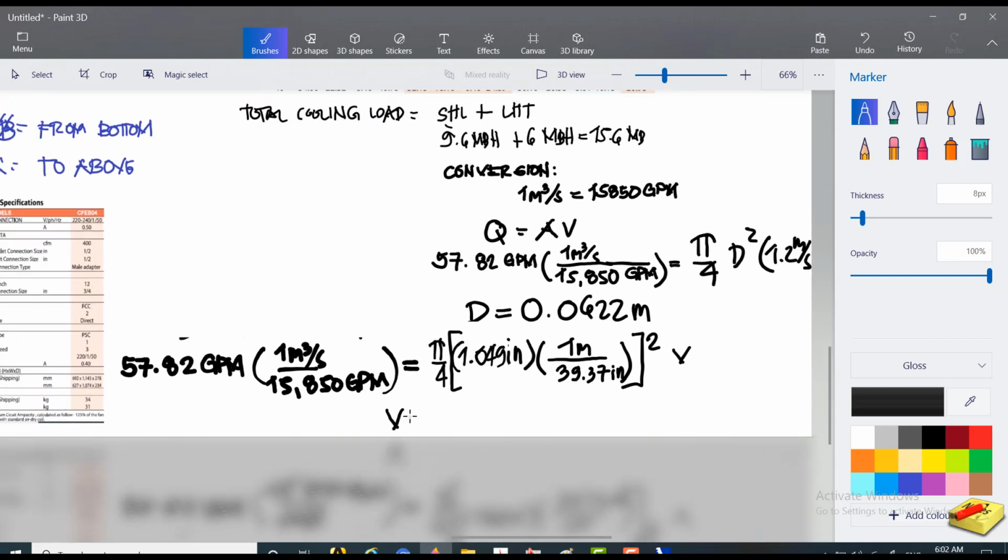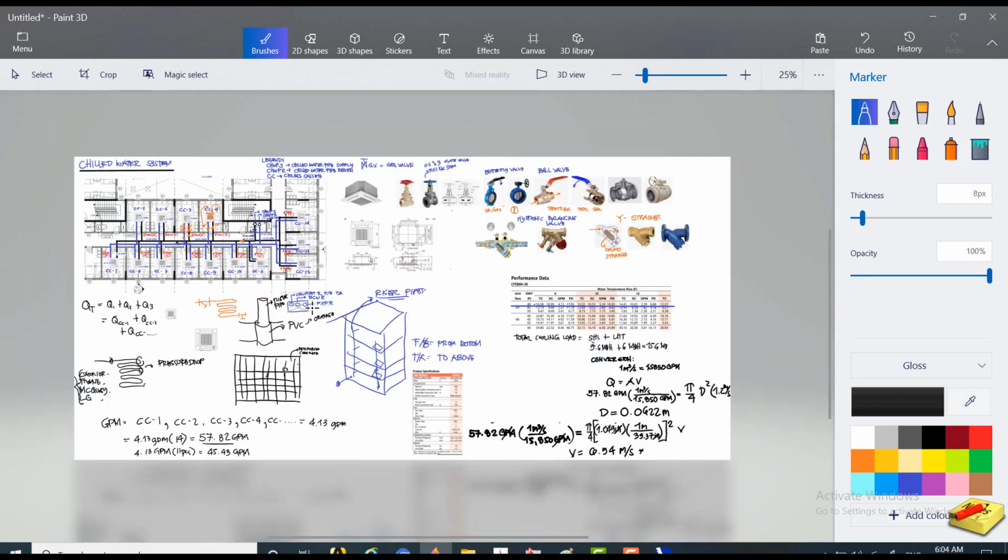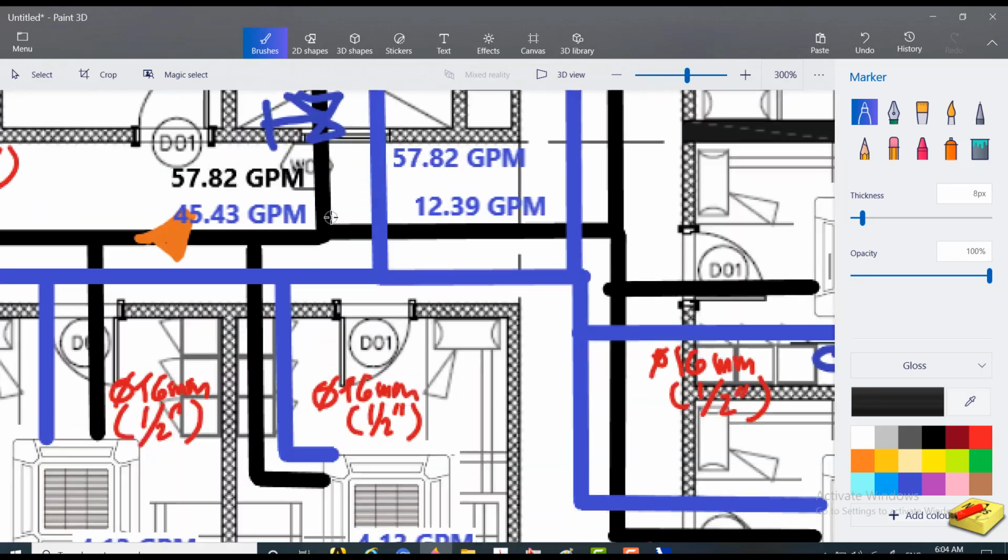So our velocity is equal to, so we have the value, so cancel na ito. So we are in cubic meter, this one can be cancelled. So we have the value of 6.54. So this will be meter per second. So we have the velocity of 6.54 dito.